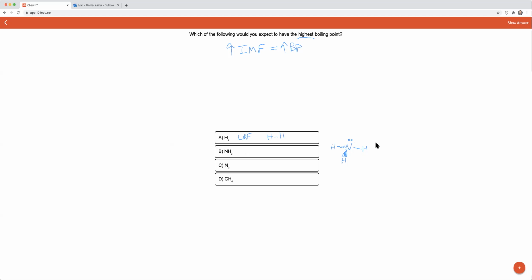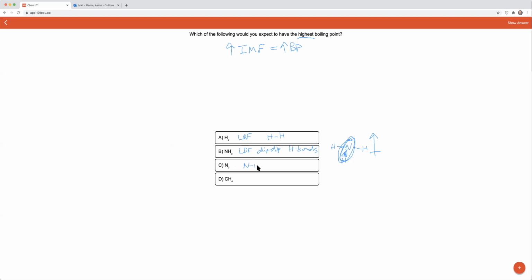So this is a polar molecule. It has the partial positive end where the hydrogens are, and the partial negative end up here by the lone pair. This one has London dispersion because everything does. It has dipole-dipole because it's polar, but also we've got that hydrogen bond there, so it also has H bonds. So that's a candidate for the answer.